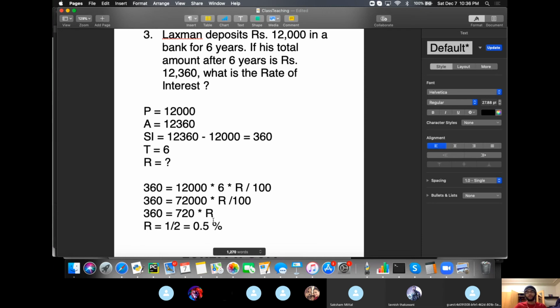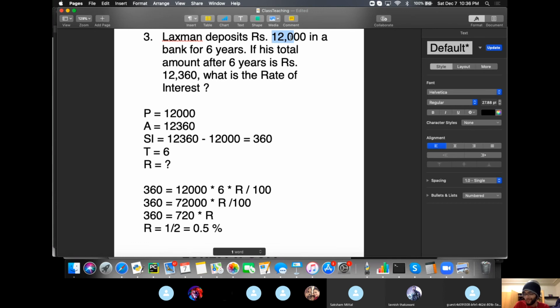It is not even giving you 1% interest, because 1% of 12,000 is 120, and it is giving you half percent, which means it is giving you 60 rupees interest per year. It's very, very low. Rupees 60 is the interest per year, but that is not the question here. The question is, what is the rate of interest?